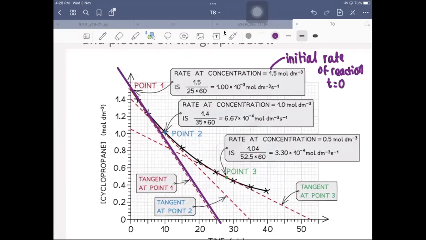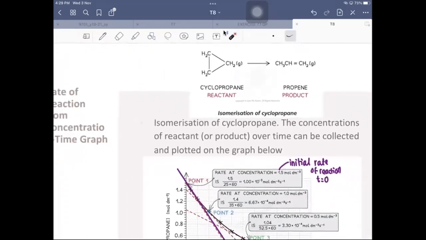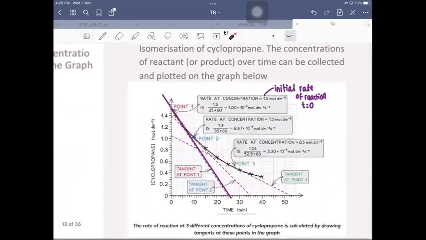Then I find the gradient of this line I have just drawn, because gradient is change in y over change in x. In this graph, change in y is the change in the concentration of cyclopropane over the change in time. Remember, rate is equal to change in concentration over time.